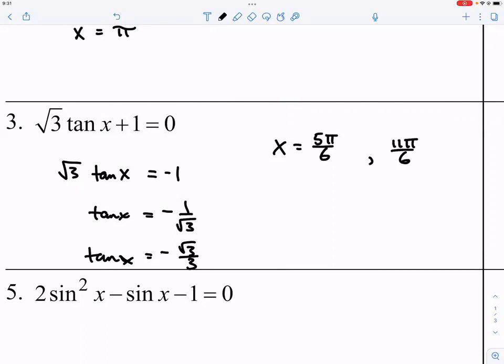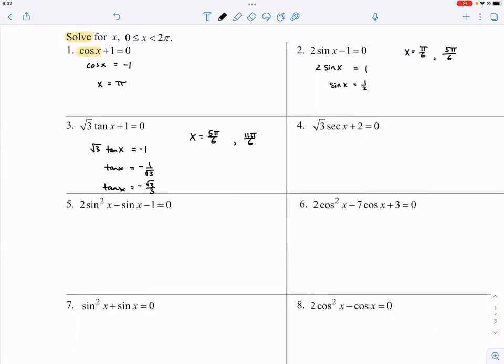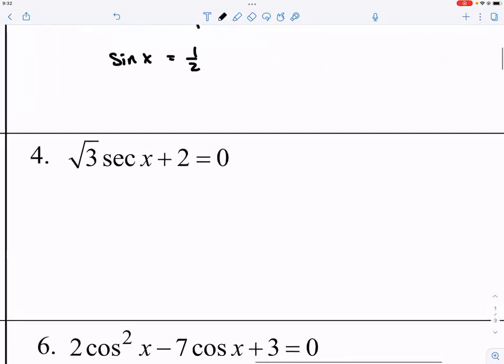That's kind of the expectation right here. It should take you no more than 3 seconds to get these x values. If you do the rationalization, you multiply by root 3 over root 3, then you have this. All right, now go ahead, try number 4 yourself.